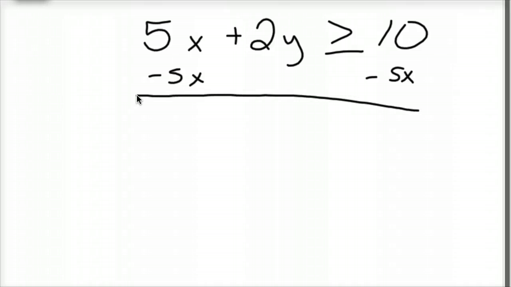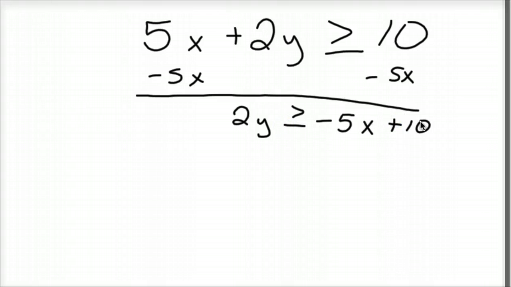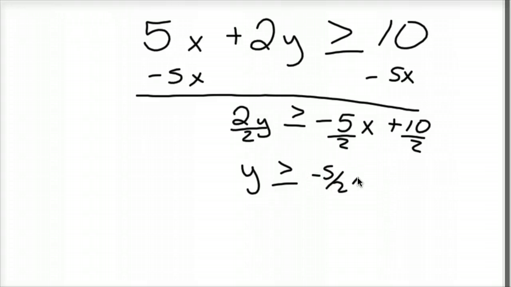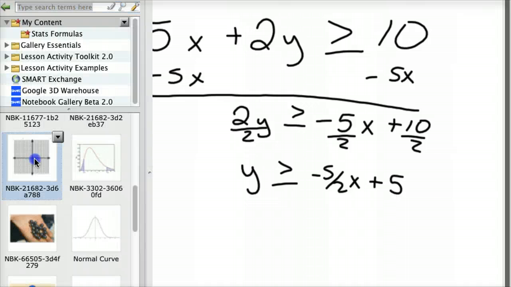And again, I'm building these so that you could hit stop and do the problem ahead of me and then check your answer. That's a good way to study for a math test. Then you divide by 2 all the way across. You don't have to flip the inequality anymore, and so you get y is greater than or equal to negative 5/2 x plus 5.